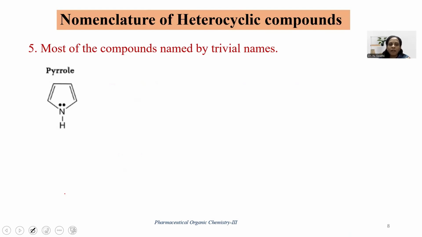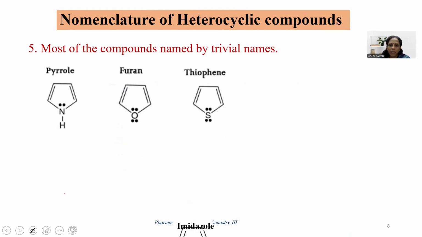The trivial name for this is pyrrole and it is popular with this trivial name. And similarly, the 5-membered unsaturated ring having oxygen as heteroatom is known as furan. And the 5-membered unsaturated ring having sulfur as heteroatom is known by the name thiophene.